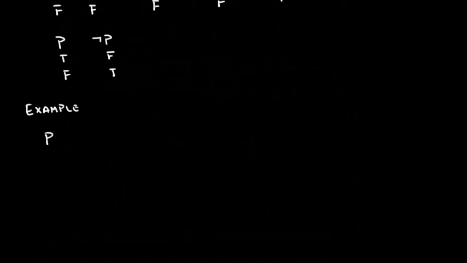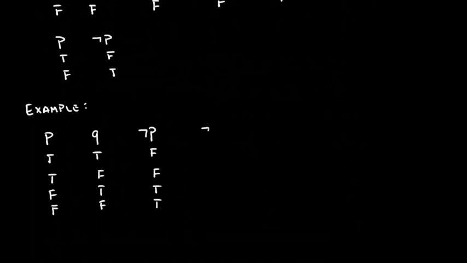Let's start again with P and Q. So we have true, true, false, and false. And here we have true, false, true, false. Now, if I negate P here, I'm going to have false, false, true, and true.